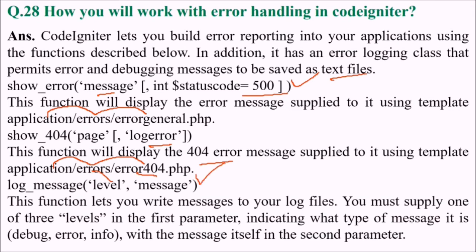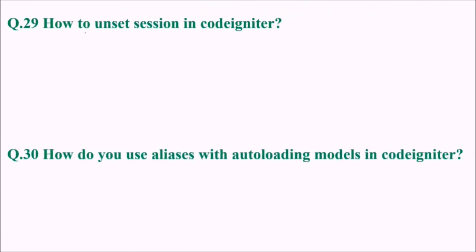This function will let you write messages to your log file. You have to supply one of the three levels as the first parameter, indicating what type of message it is, like debug or error information, with the message itself in the second parameter.